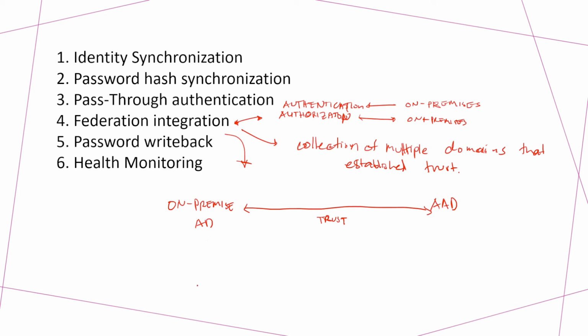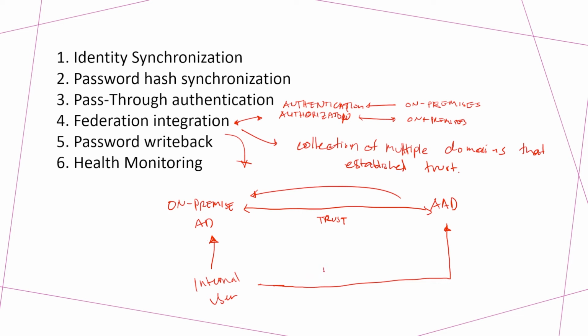So let's say you have an internal user here, and that user tries to authenticate. It will go through to the on-premise AD for authentication, and it could also go to Azure AD to do the same. But the authentication should always go to your on-premise AD.